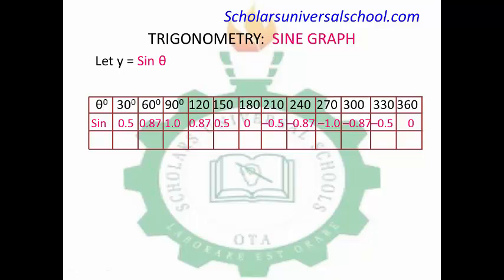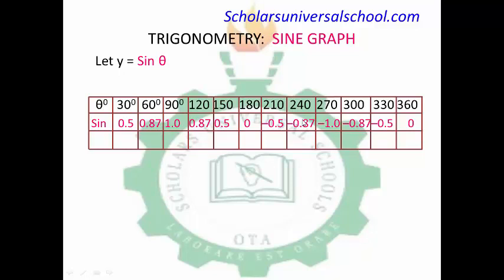Sine 30 degrees is expected to be 0.5, but because 210 is in the third quadrant, where sine is negative, we have sine 210 equals minus 0.5.